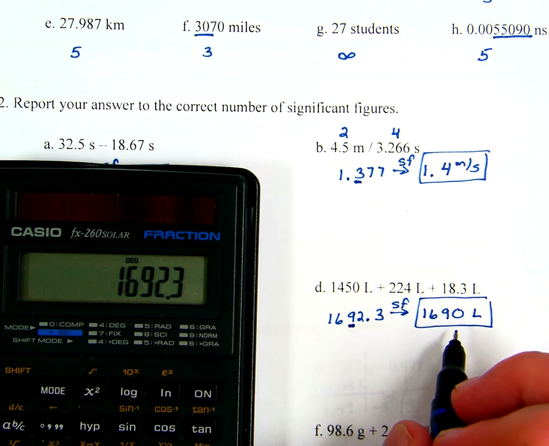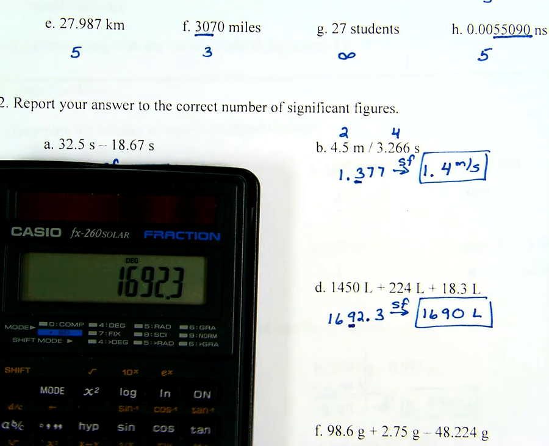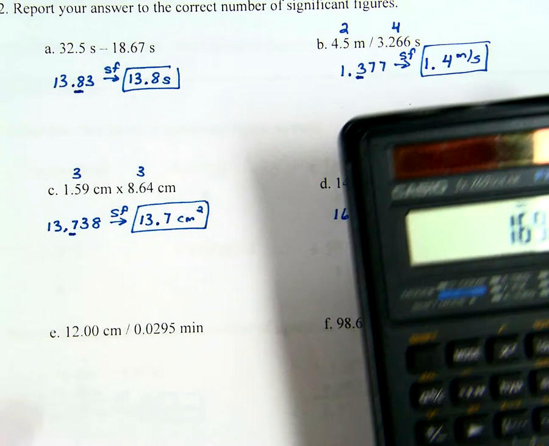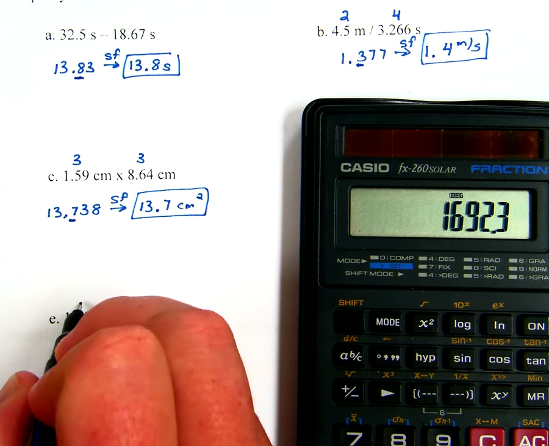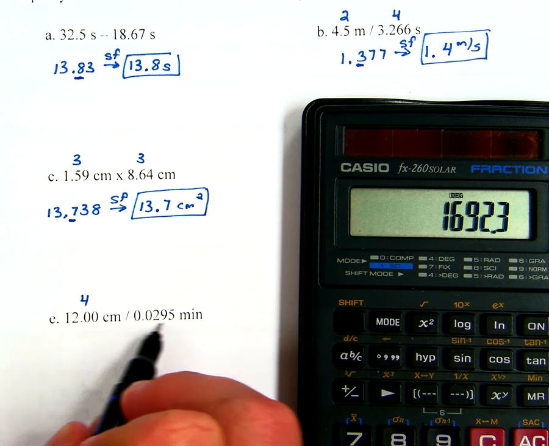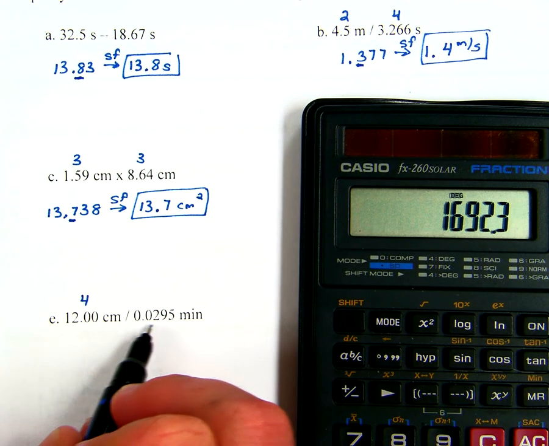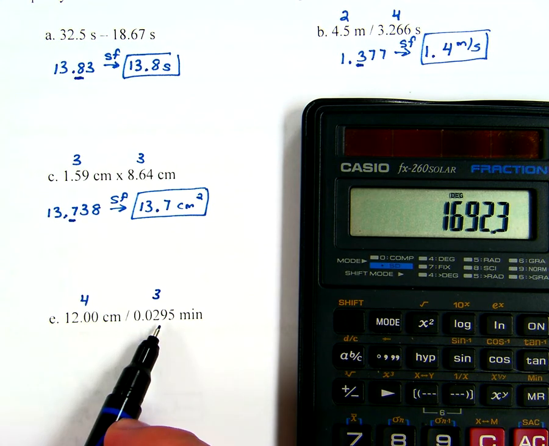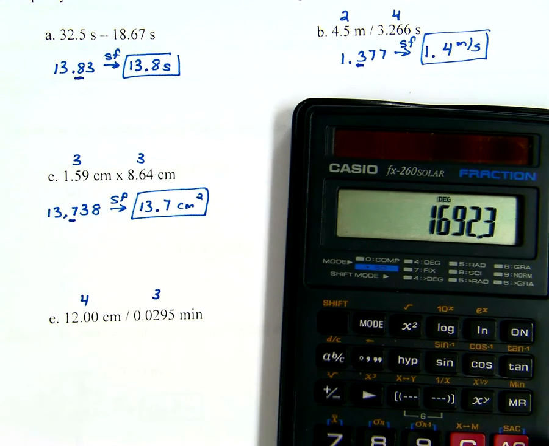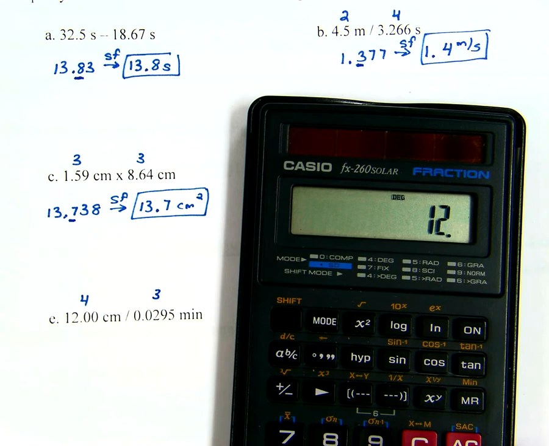Alright, 2 more practice. E, we have division. So we have 4 sig figs, and remember, leading zeros are never significant. So this is just 3 sig figs here on the right. So I need to have 3 sig figs in my answer. So let's see what our calculator tells us. 12 divided by 0.0295.